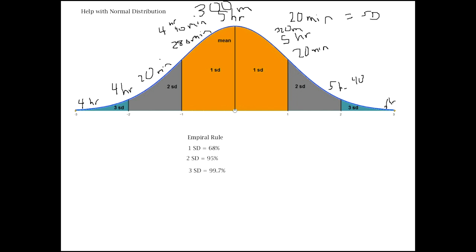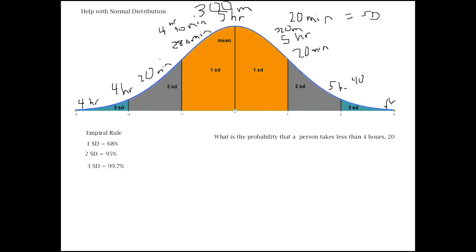Now, the assignments are going to ask you for things like, what is the probability that someone, let's use this, let's say they gave you this information. They told you 5 hours for the mean, 20-minute standard deviation, and they ask you something like, what is the probability that a person takes less than 4 hours, 20 minutes?